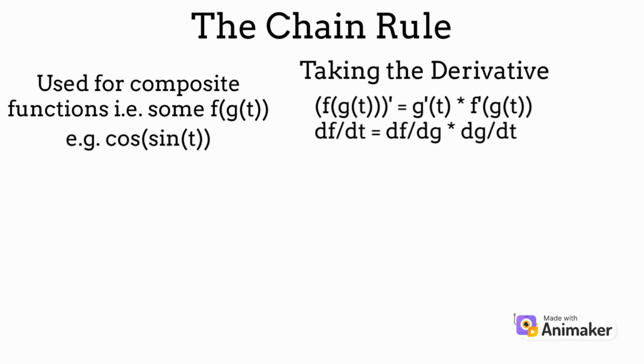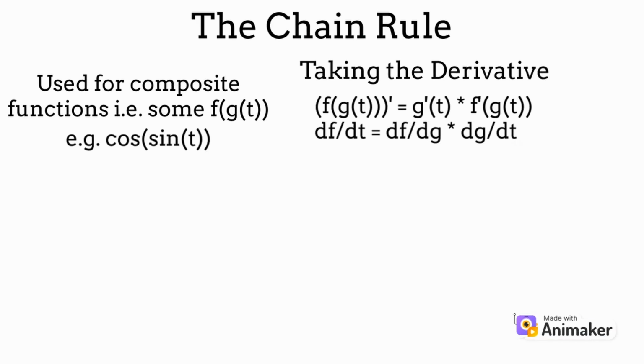And you can think of it as the dg's canceling out. That's not what's really happening, but it's a notational trick that just happens to work out. So that's how we need to calculate the derivative in this way. We take the derivative of f, so this entire thing, with respect to g, treating g as if it were a function or a variable in itself, and then take the derivative of the inner function g, and multiply the two.